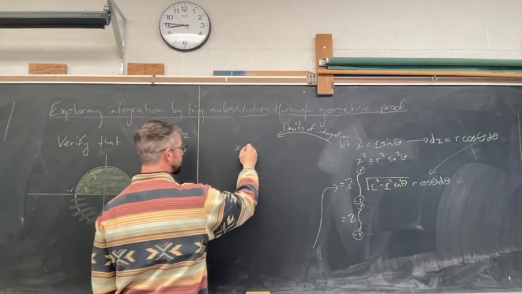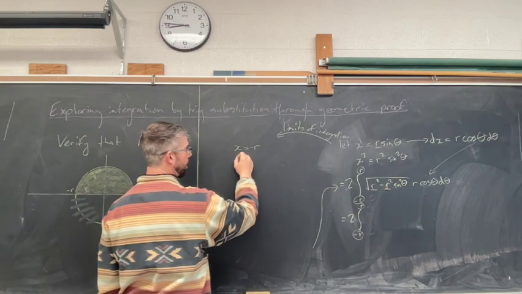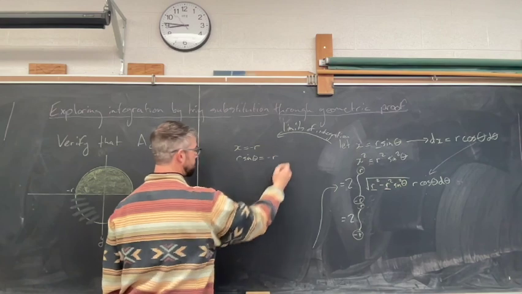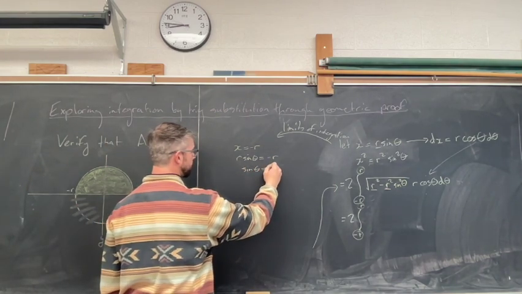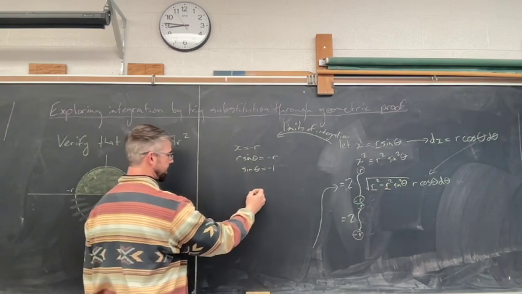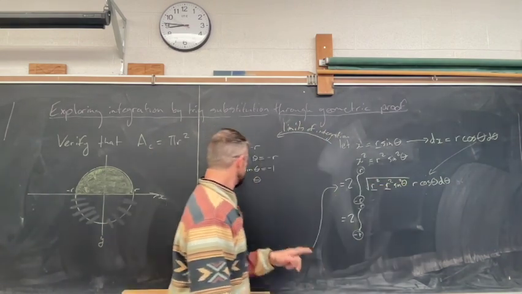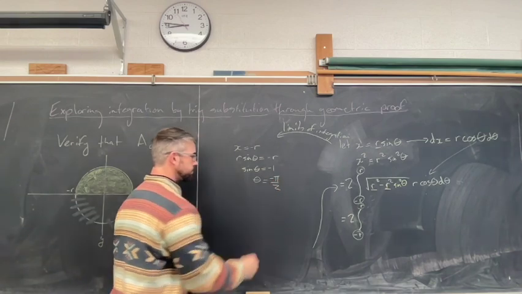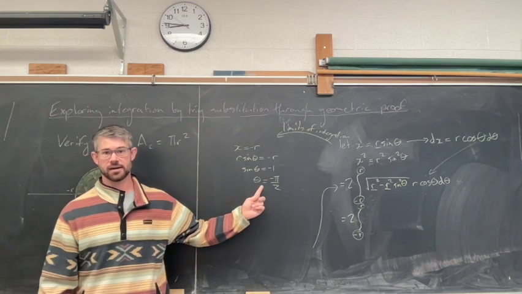So as x equals negative r, well, that means that r sine theta has to equal negative r, which means I'm looking for sine theta equaling -1, because I just divide both sides by r. So now my angle theta, which I'm integrating with respect to now, is going to go from -π/2. That's because the first place where I see a sine of -1 is at -π/2.